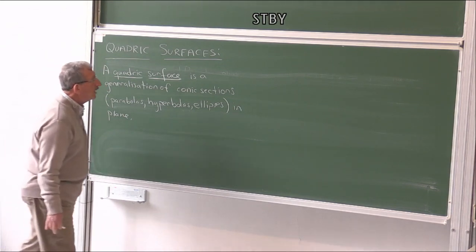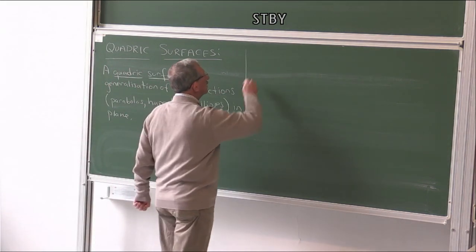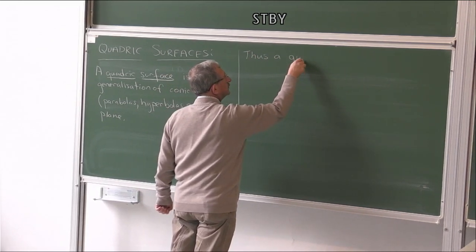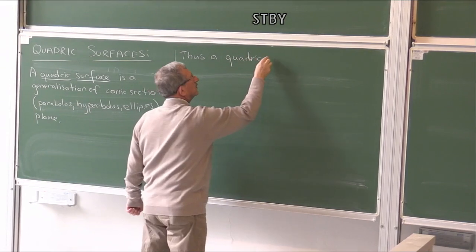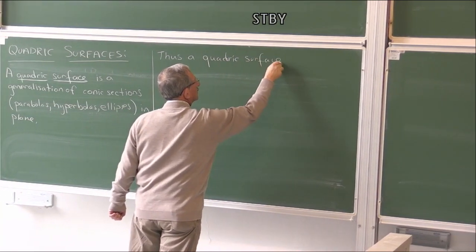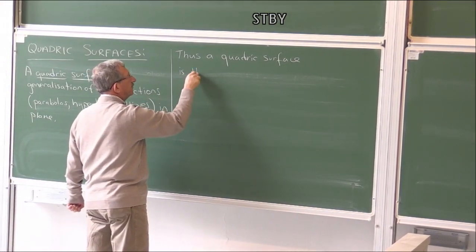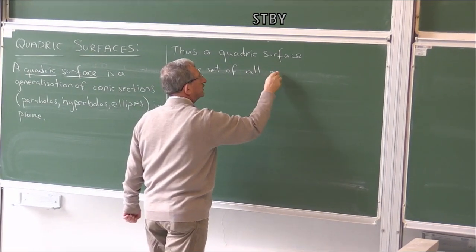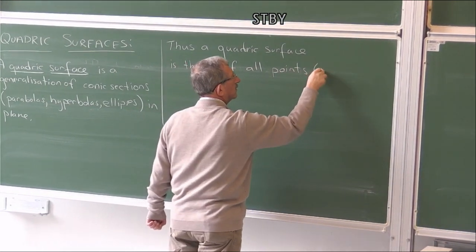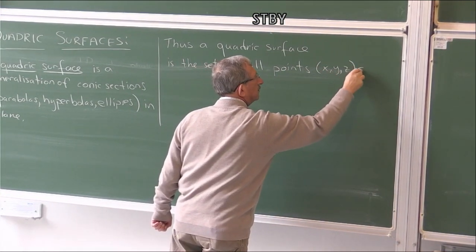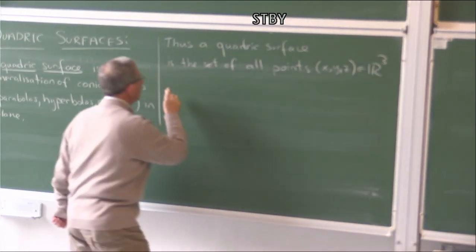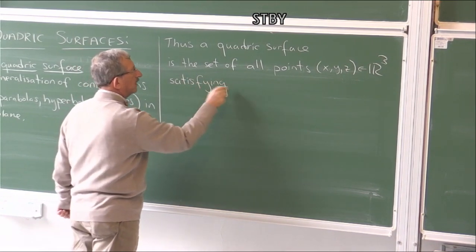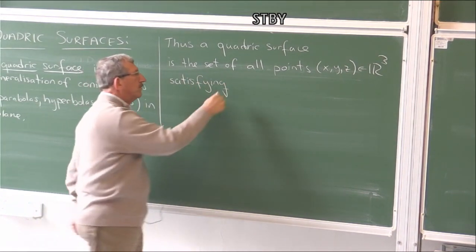Thus, a quadric surface is the set of all points x, y, z in R3 satisfying a certain polynomial of degree 2.